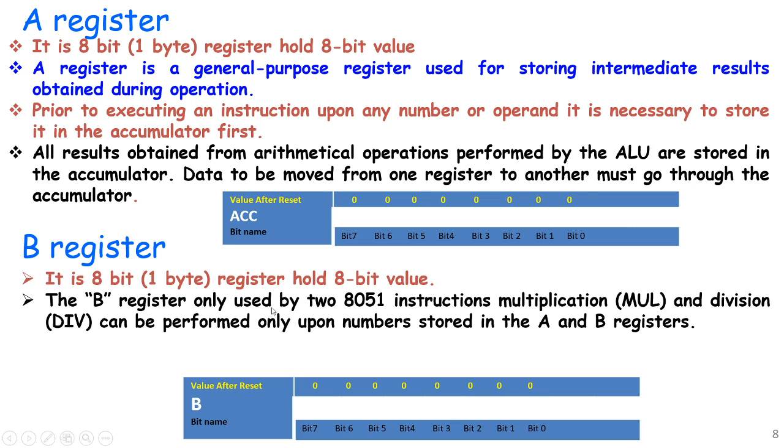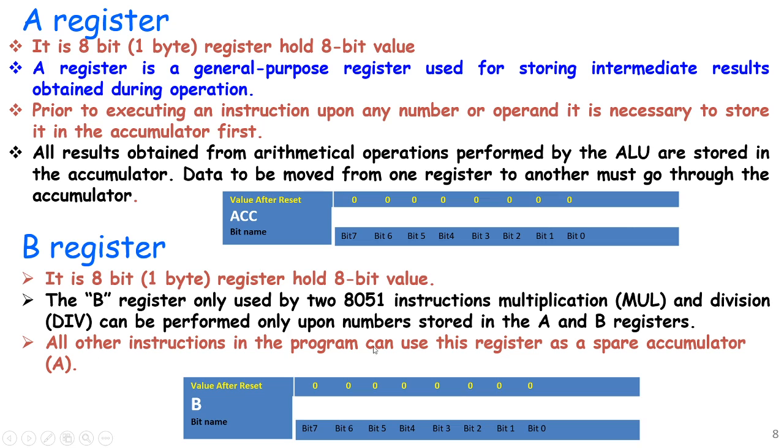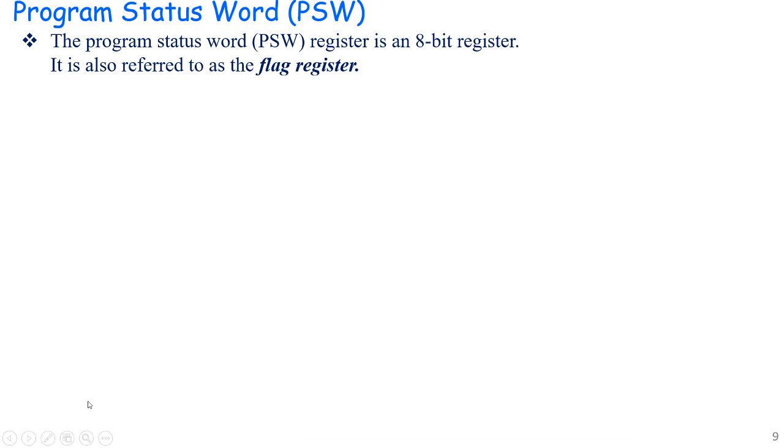The B register is used only by two 8051 instructions, multiplication and division, which can be performed only upon the numbers stored in the accumulator and the B register. All other instructions in a program can use this register as a spare for the accumulator. Means when the accumulator is not available, we can use this register as a spare accumulator.